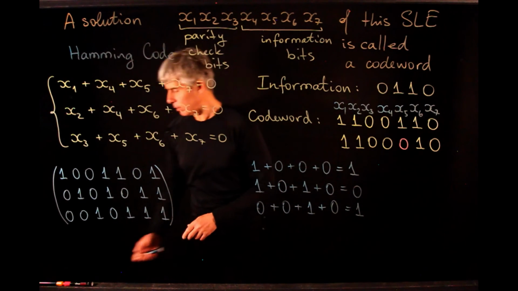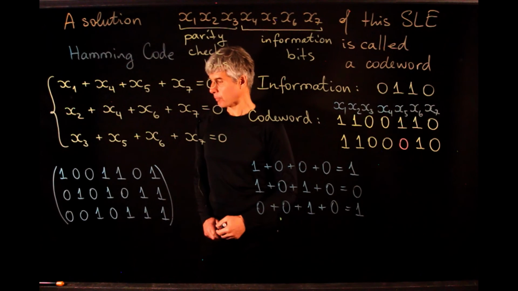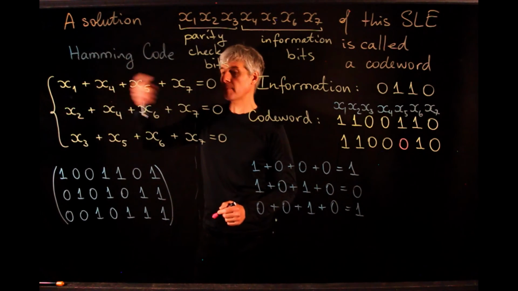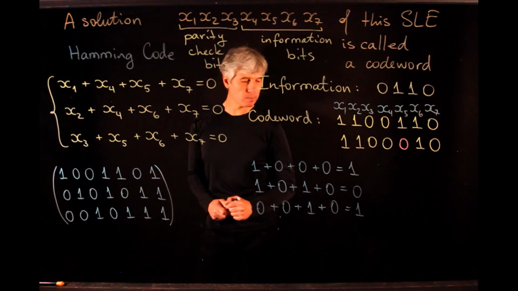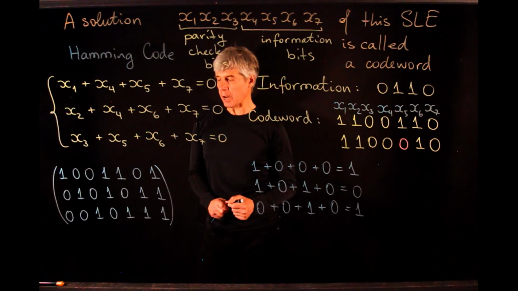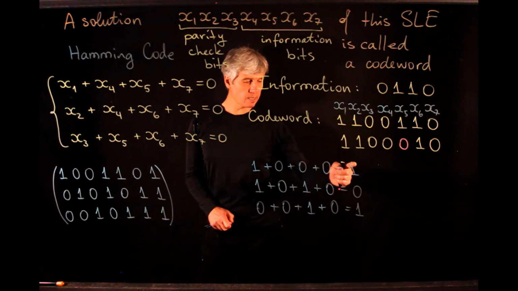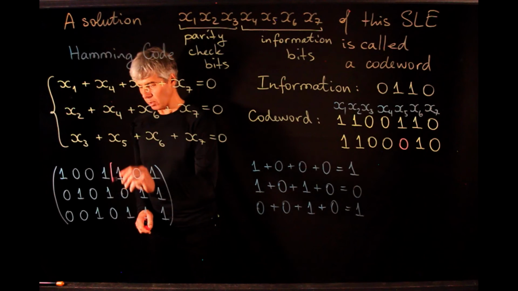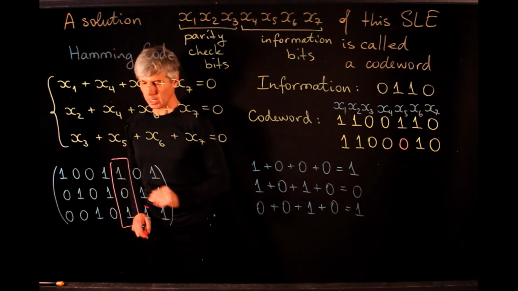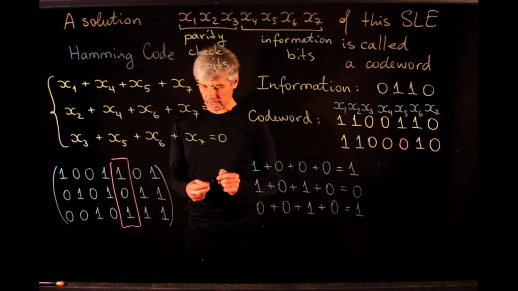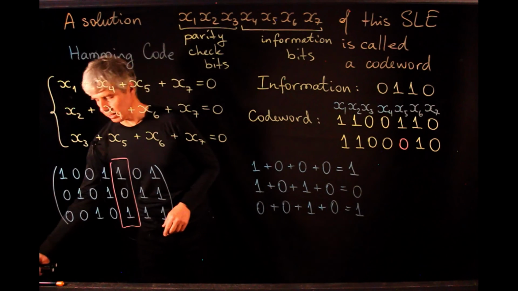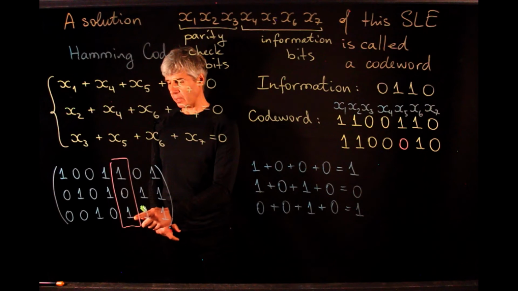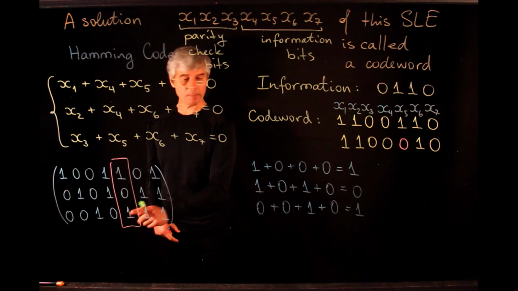And we go back to our original matrix, the coefficient matrix of this system of equations. And we look up, where do we see a column 1, 0, 1? So we see this column right here. And that is an indication that the error had occurred precisely in column number 5.